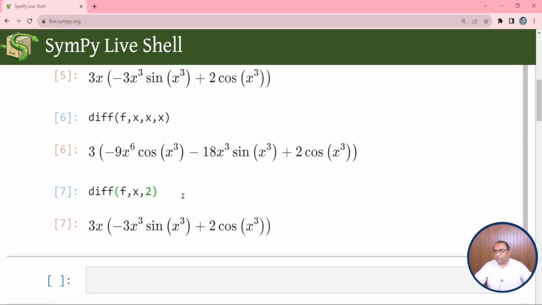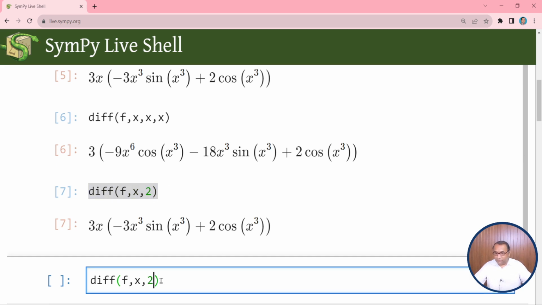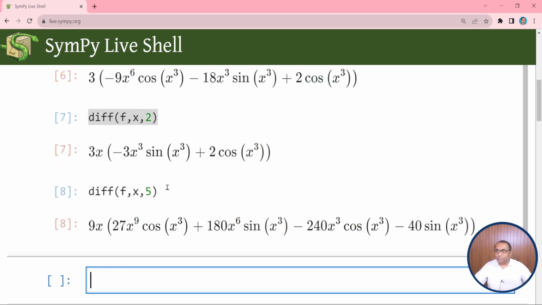So you can use numbers for the order of derivative, as you can see at this place. Again, if you need to find the fifth order derivative, change the number, and when you enter, you will get the fifth order derivative of the above function. So in this way, you can find the derivative of any order of the function.